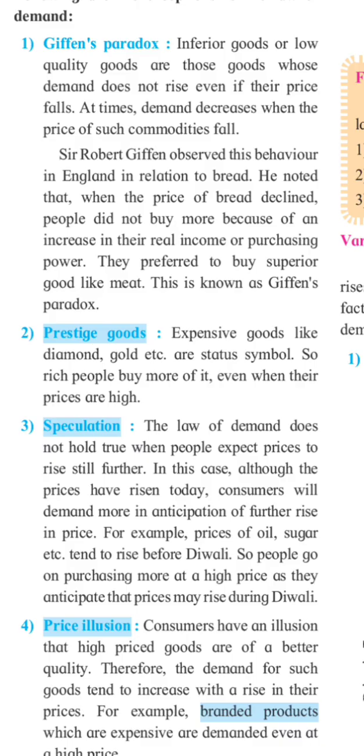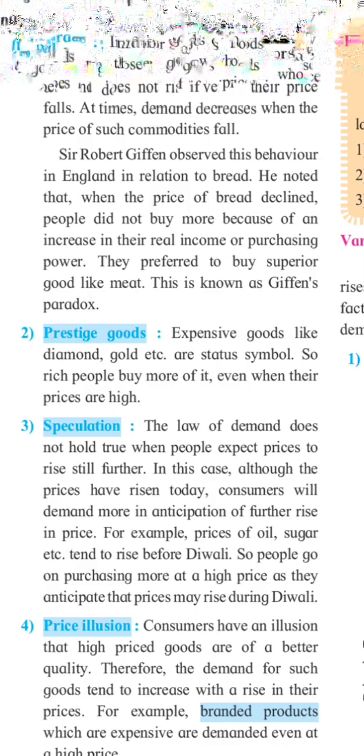They prefer to buy superior goods like meat. When the price of bread falls or the consumer income increases, they prefer to buy superior goods, not inferior goods. So instead of buying bread, they started buying meat. This is known as Giffen's paradox.